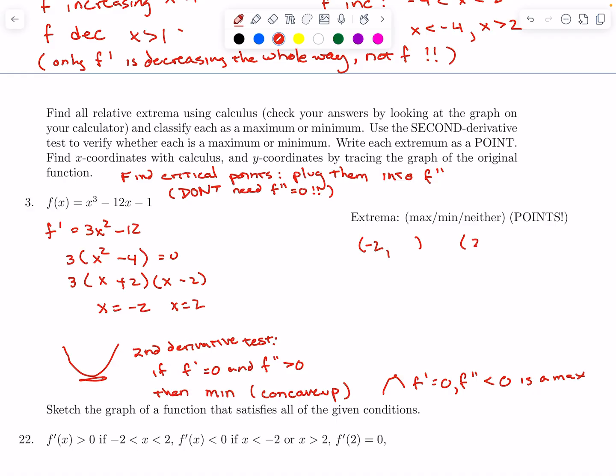And then we test to see whether it's a max or a min by using f double prime. Okay, what is f double prime? 6x. Okay, f double prime of negative 2 is 6 times negative 2, which is negative. And that means we got a max.